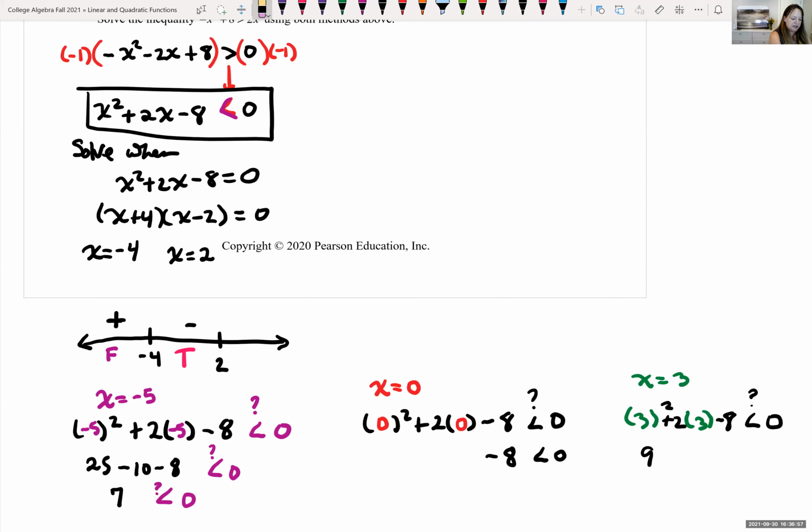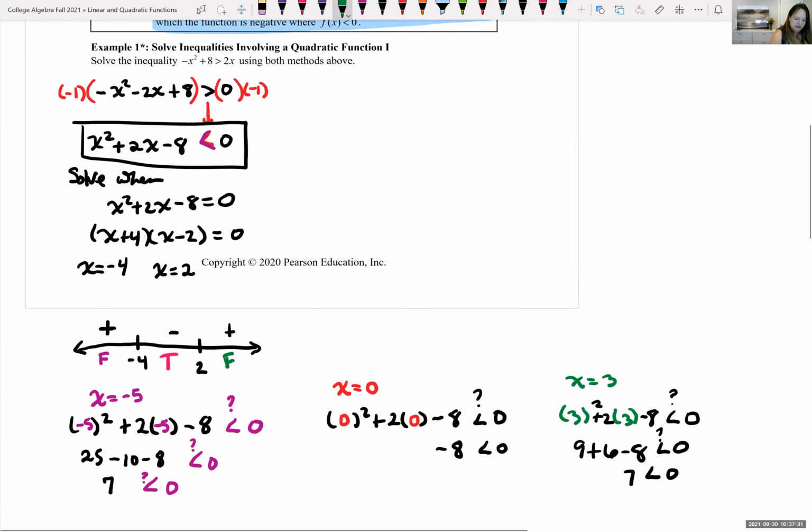No, it's not. Sorry, I was looking above. Okay, I just want to make sure I wasn't writing that down wrong. So 3 squared is 9 plus 2 times 3, so that's plus 6 minus 8. So is that a true statement? This is 15 minus 8, which is 7. 7 is a positive number, less than 0. So this is false. And so the solution set in here would be the values from -4 to 2.